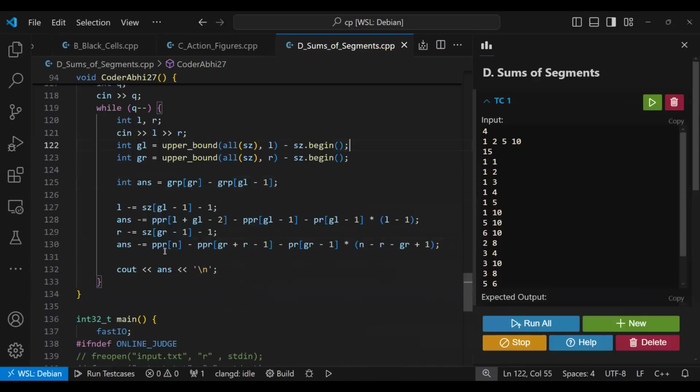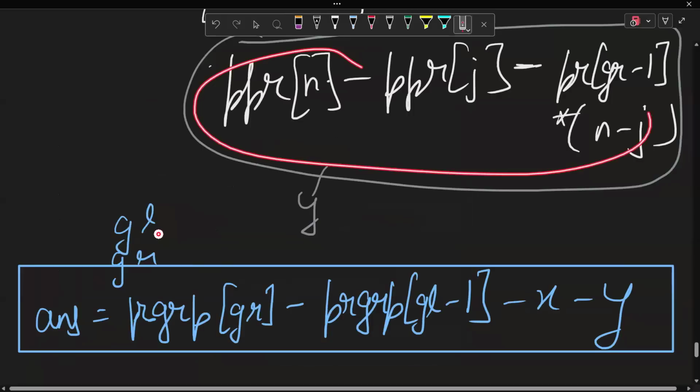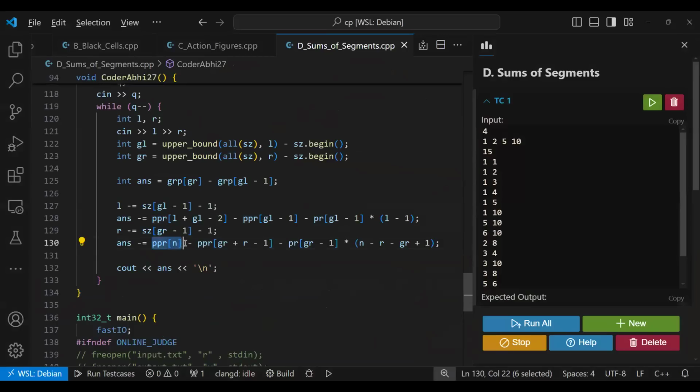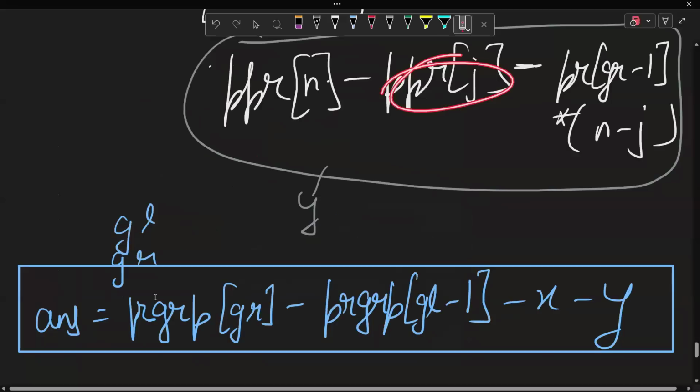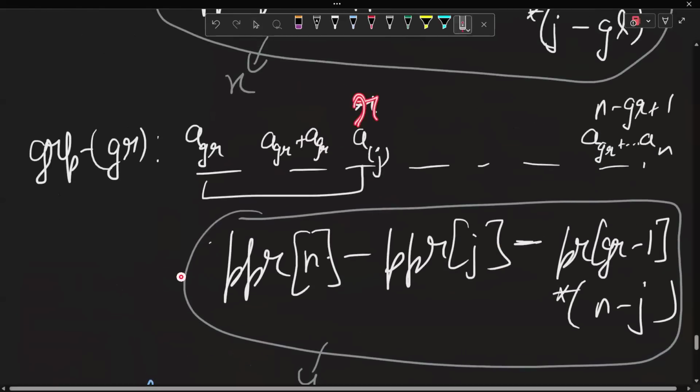So that was one way. And what I did here is I'm subtracting this thing, which is PPR N minus PPR of this J. What was J here? J is basically this index R when it is converted to indexing of the group.